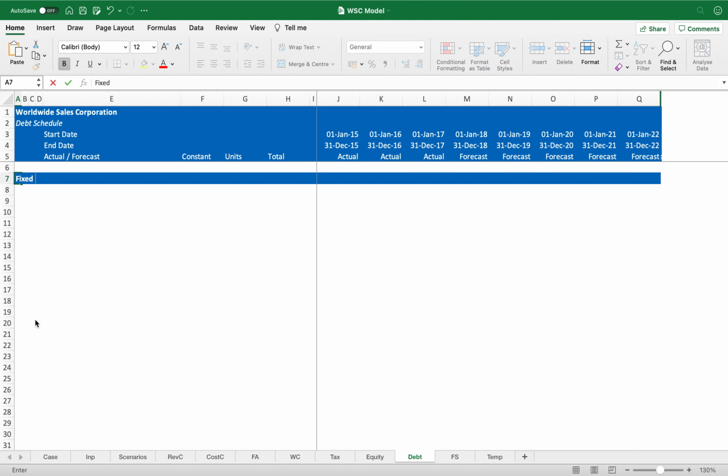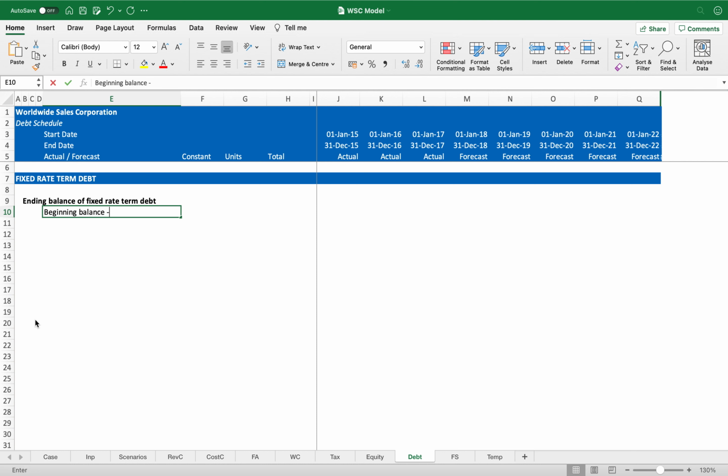So we'll do the very first computation, fixed rate term debt. The very first computation under fixed rate term debt will be ending balance of fixed rate term debt, and we know now how do we actually compute the ending balance.